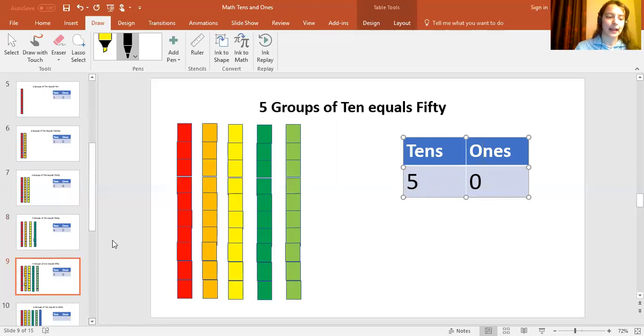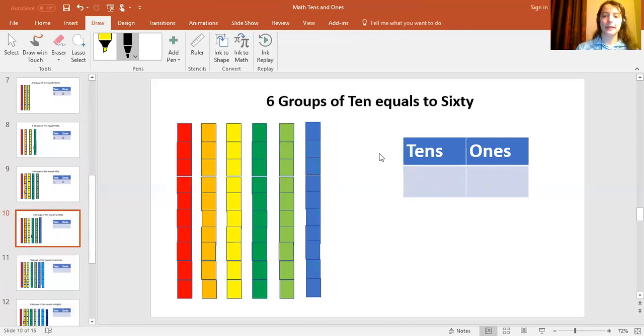So the next slide, can you guess what the next slide is going to be? We are going to add one more group of 10, and that's going to be 60. So 1, 2, 3, 4, 5, 6. It's like counting 1 through 9, except you are counting in groups of tens. So it's more of an amount than 1 through 9.